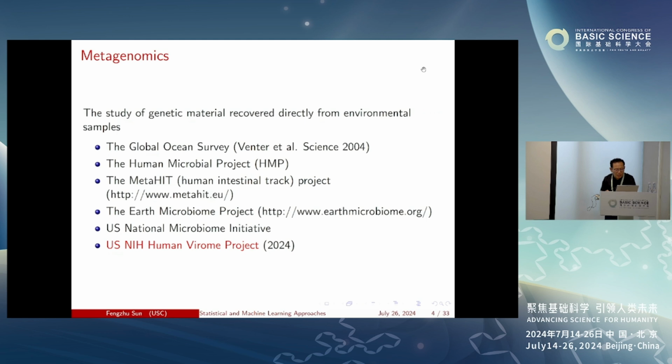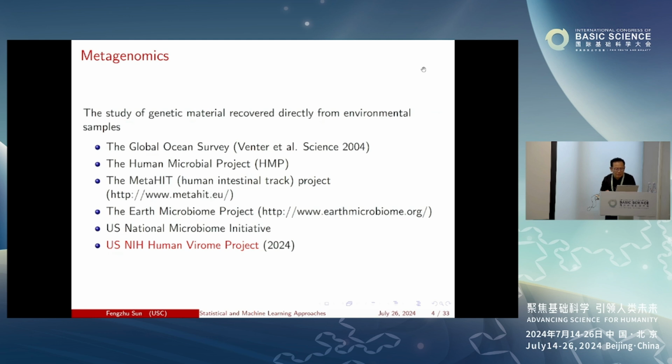About 20 years ago, Craig Venter, I think many of you know, had just sequenced the human genome. After he sequenced the human genome, he went to the ocean and did the global ocean survey. And that started the microbiome project. And so he used those sequencing technologies to survey all those different environments.